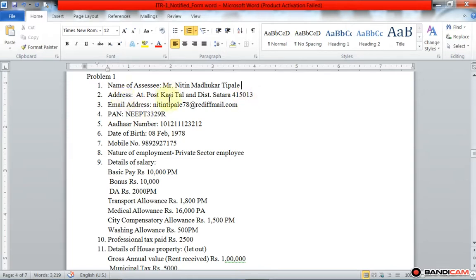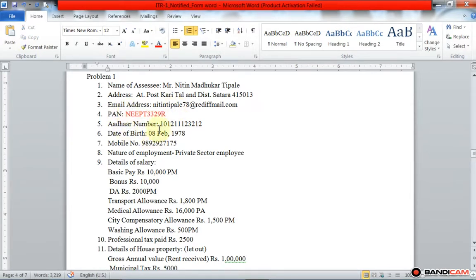Then email address nitintipale78@rediffmail.com. Then PAN card number NEEPT3329R. Okay, so the PAN card number is given.